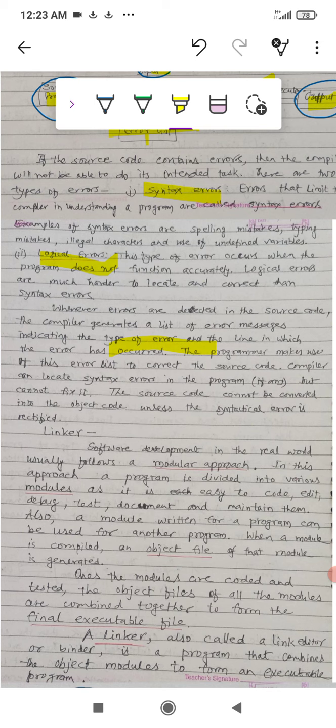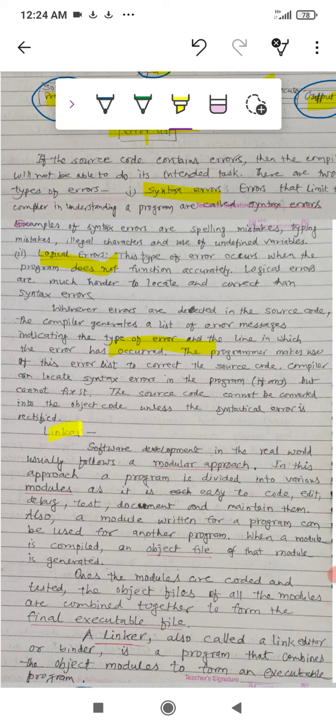So the programmer can resolve or correct these errors, but logical errors are difficult to correct.